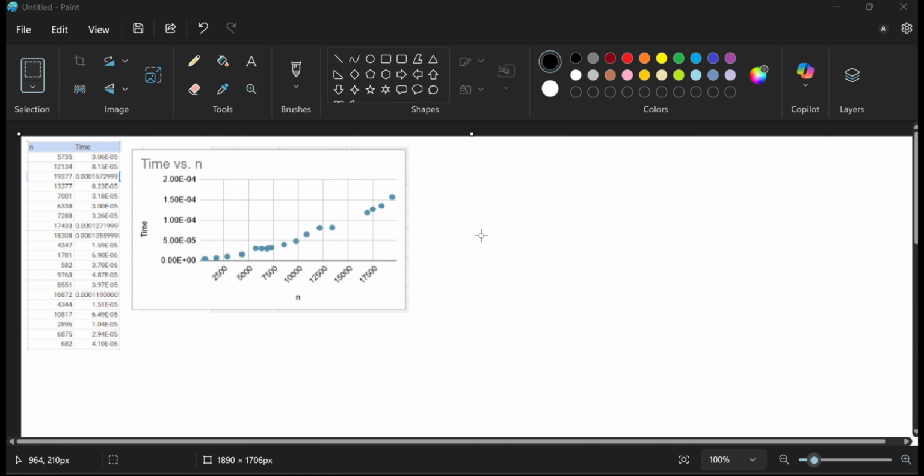As I thought, it would be a very slowly increasing curve because it's super fast. I checked it and it runs in less than a second, and I liked it.